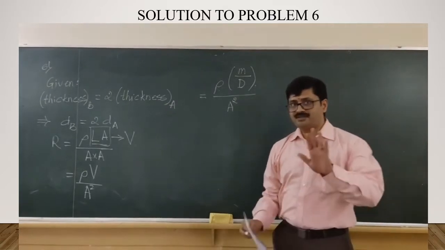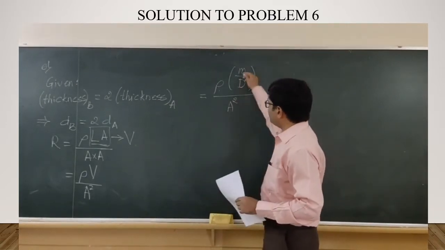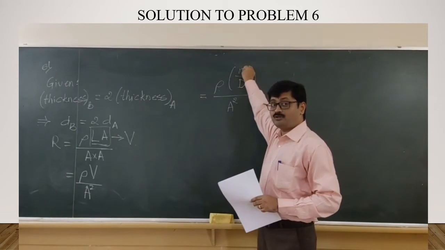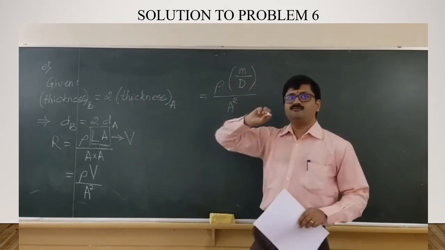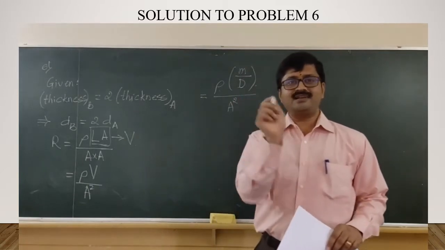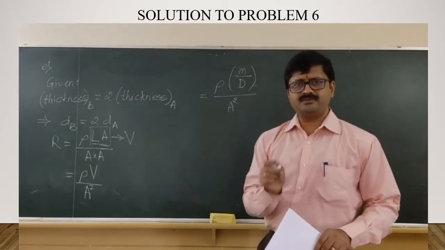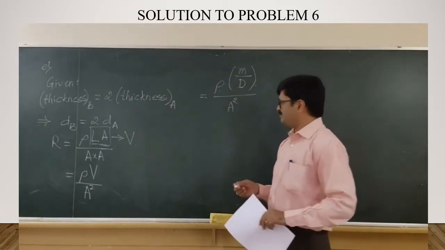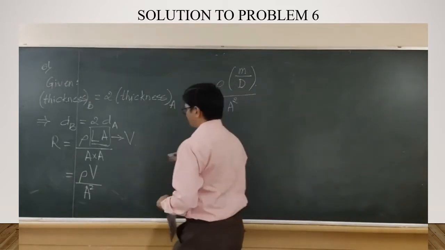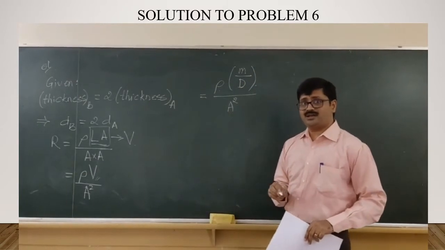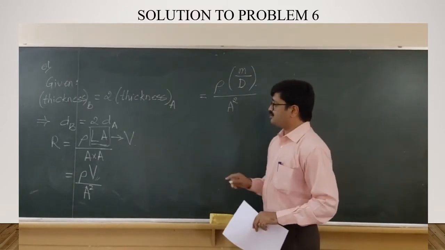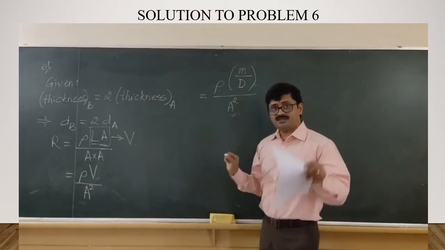Now my dear friends, why am I converting this in terms of mass and density? Because mass and density for a given material remain constant. So because of that reason I am converting the volume in terms of mass by density, so that I will get the proportionality in terms of area. That is what I am doing here.